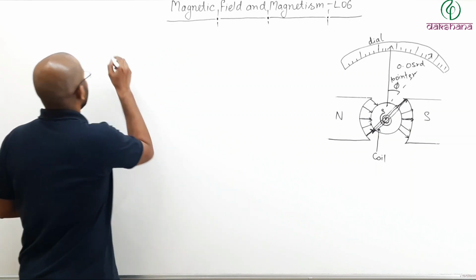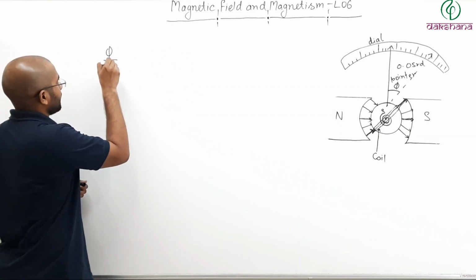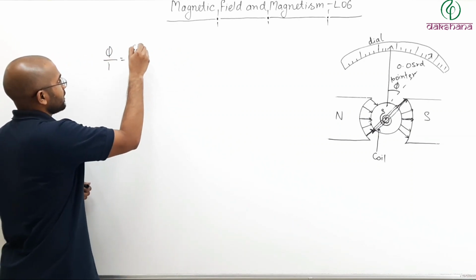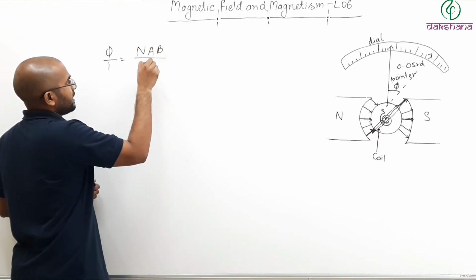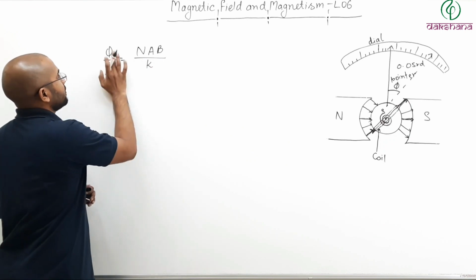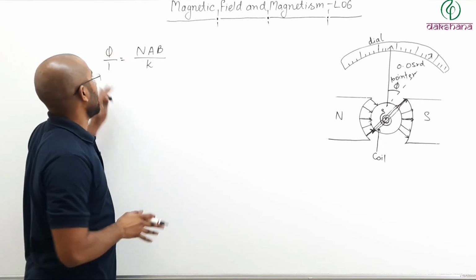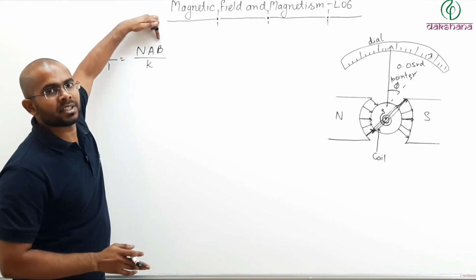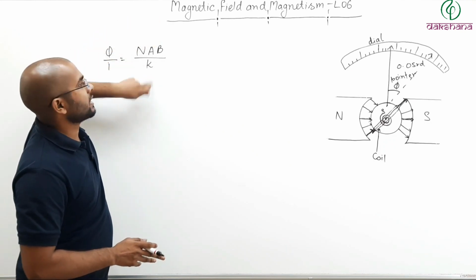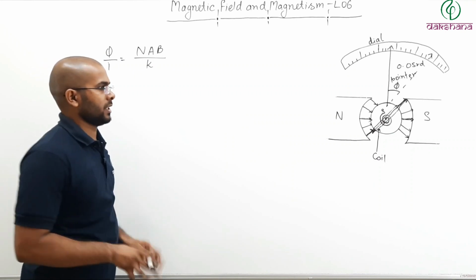Now current sensitivity phi by I is written as NAB divided by K, where phi is the angle deflected, I is the current, N is the number of turns, A is the area, B is the radial magnetic field, and K is your torsional constant.